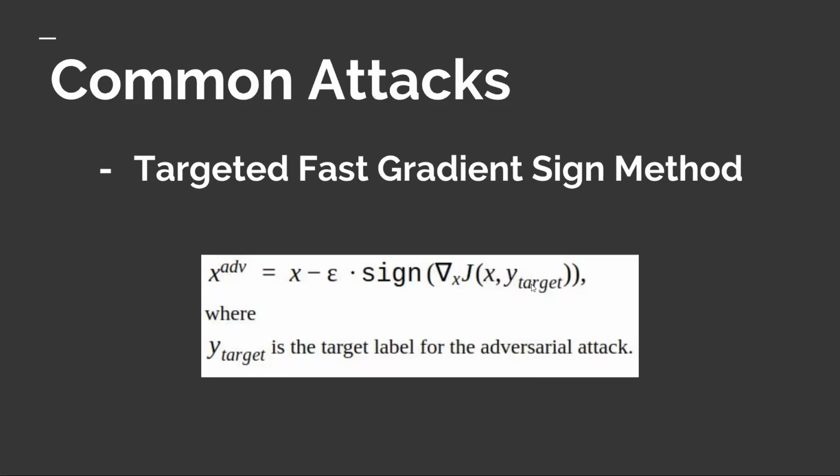So basically I'm trying to modify the input image in such a way that the output is classified as an ostrich. I'm going towards the point in the loss function where it will say it's an ostrich. So any questions on this? Okay, I'll move forward.